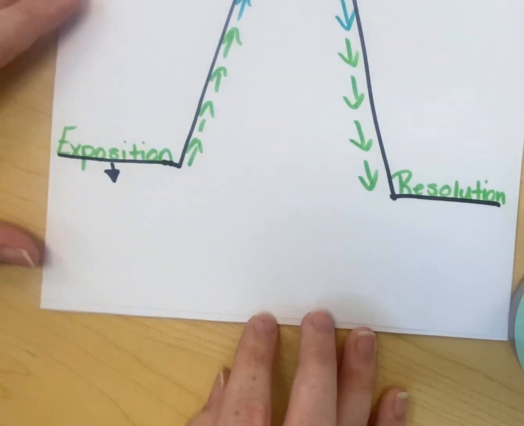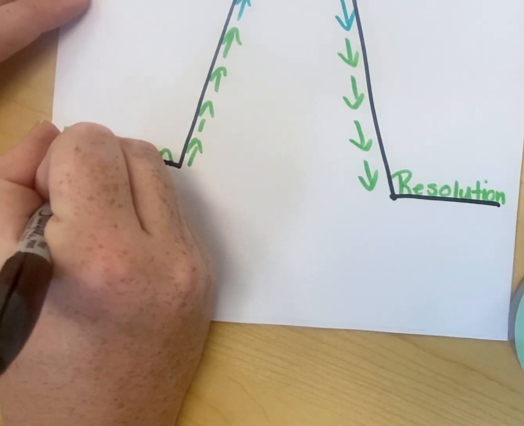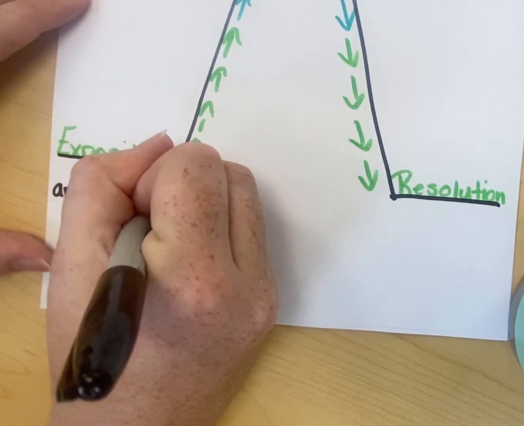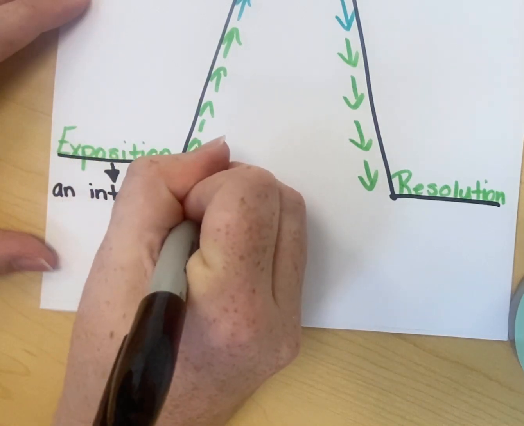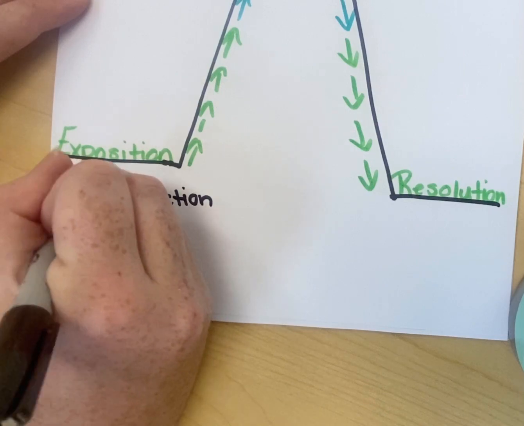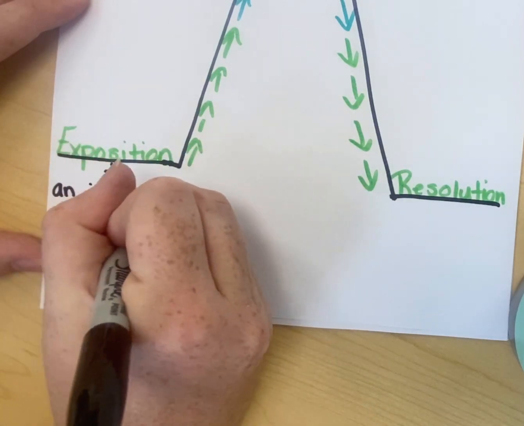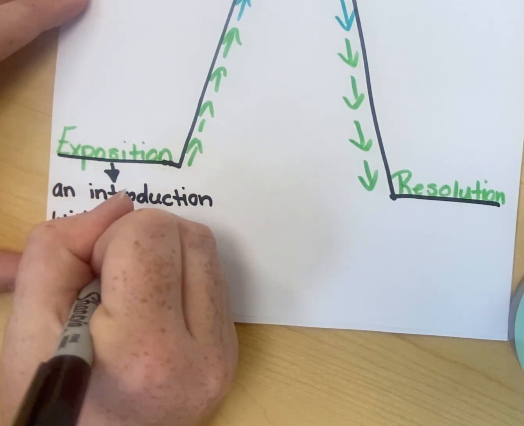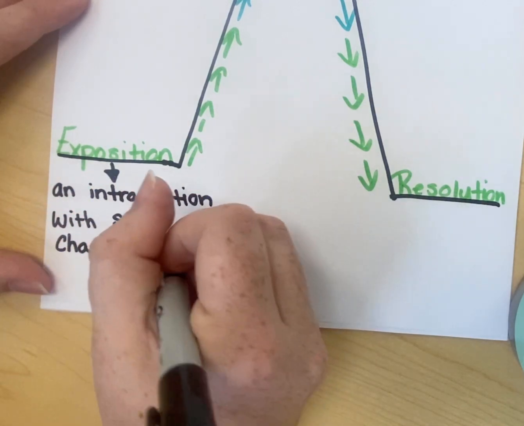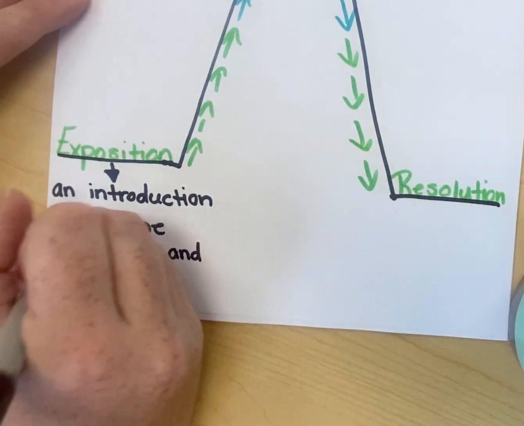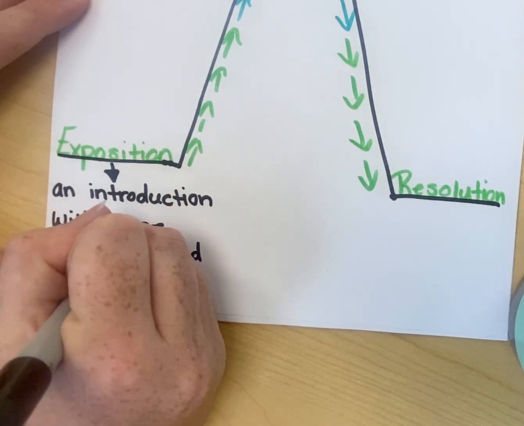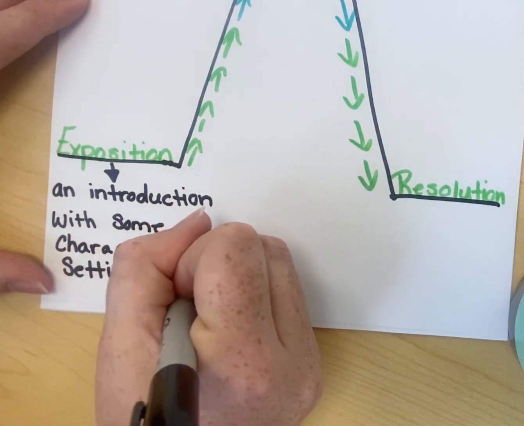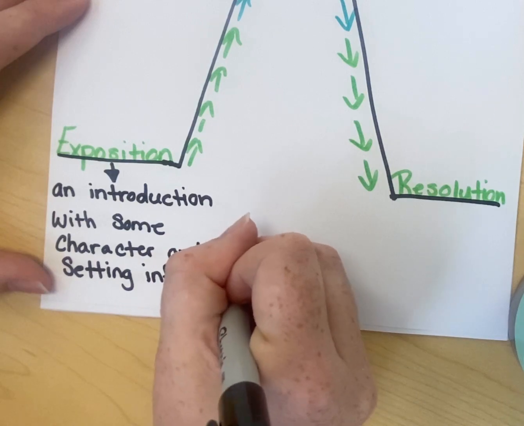An exposition is an introduction with some character and setting information. So our exposition, like I said before, sets up our story.